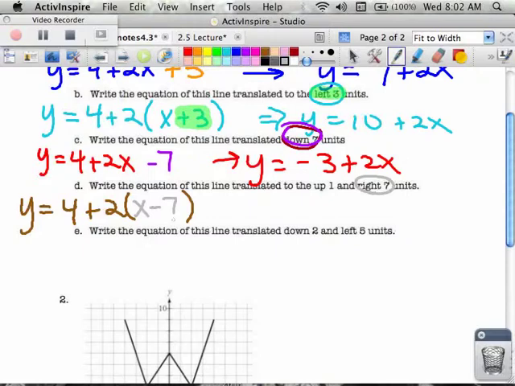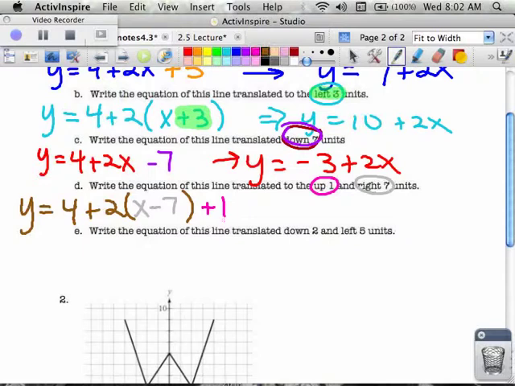And then I also want to go up 1, so I put down plus 1 at the end. And this has moved my graph right 7 and up 1.